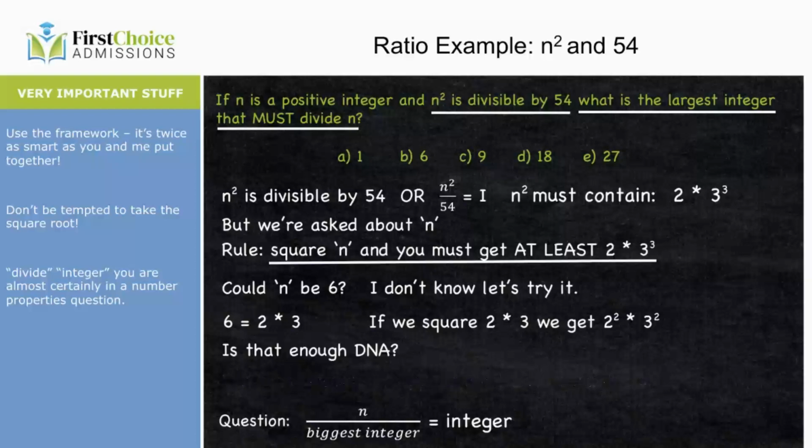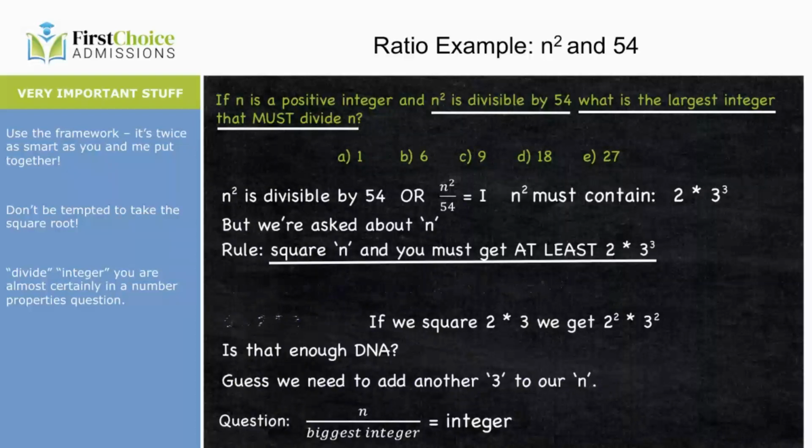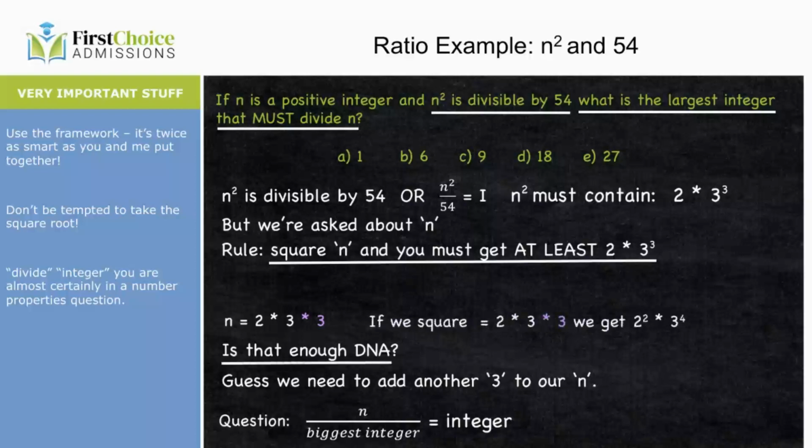I think we need to add another 3 to our n. So instead of making n 6, 2 times 3, let's make n 2 times 3 times 3. Now if we square that, we get 2 squared times 3 to the 4th. And is that enough DNA? Yeah, it sure is.